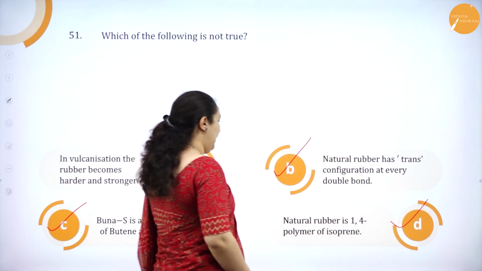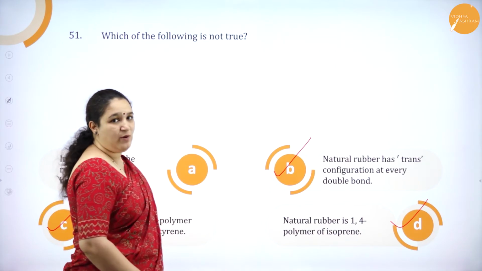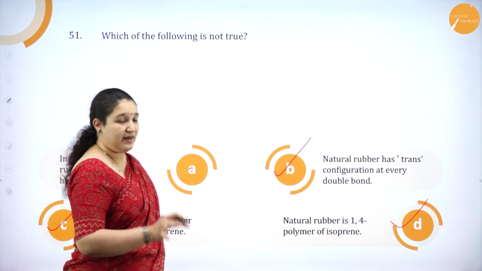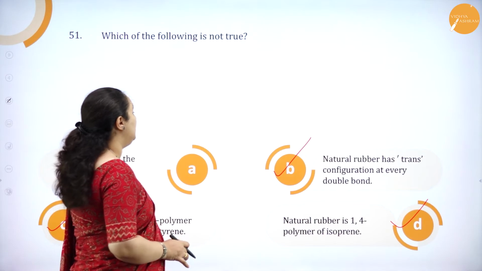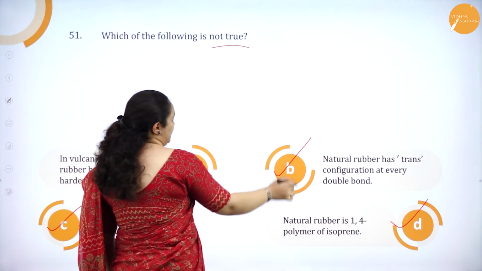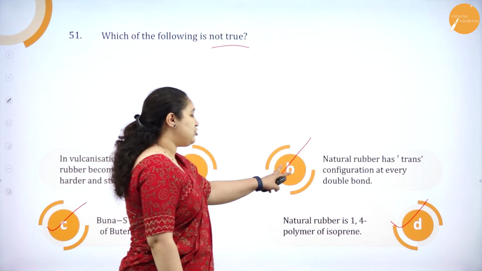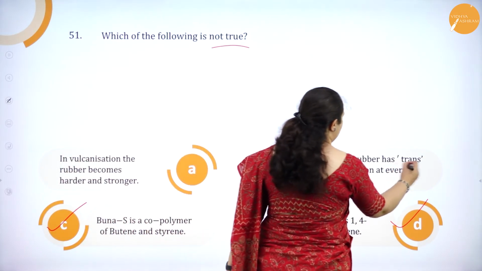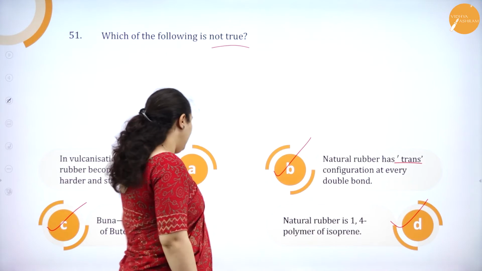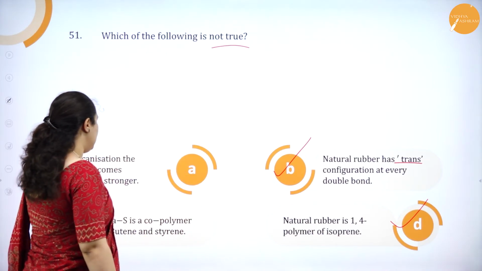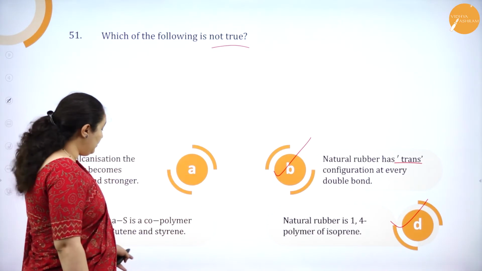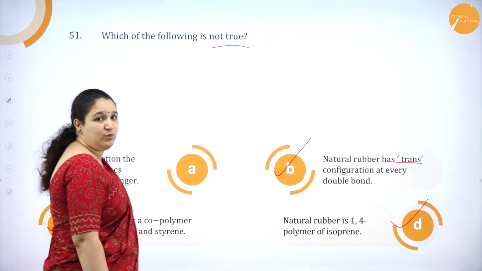See, why I am taking the 3 options is that they can also be considered as the correct answer for this particular question. It is not true, because in the statements there is a slight mistake. Natural rubber is trans? No, it is cis configuration. Then Buna-S is a copolymer of butene and styrene. It is not only butene.